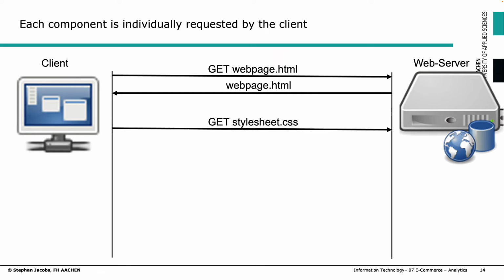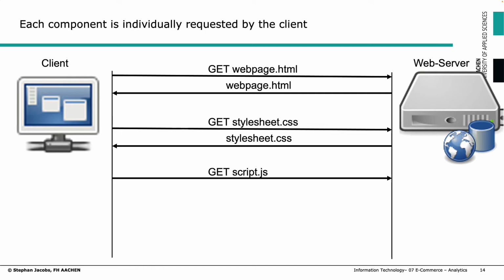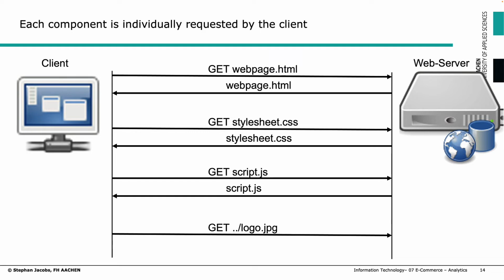For example, this stylesheet.css, it's again another request sent to the web server, and the style sheet is delivered. And next, the script.js, and again the script is delivered. And finally, this image logo.jpg, and logo.jpg is delivered. In this case, actually, we have had 4 GET requests.